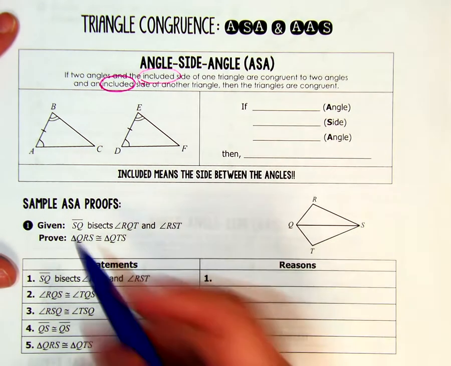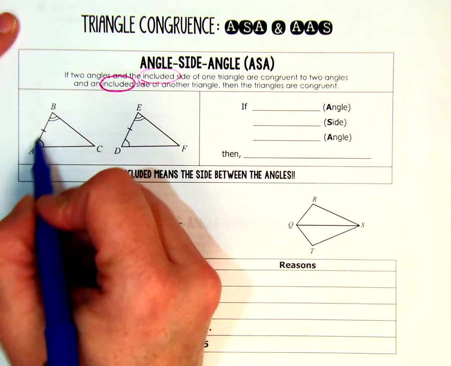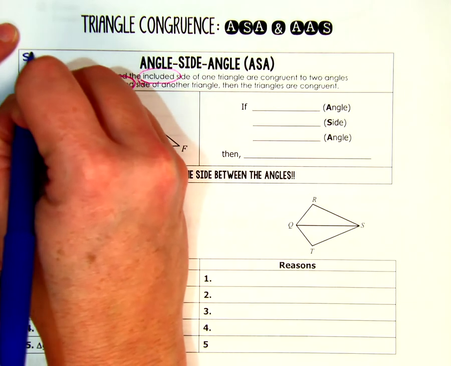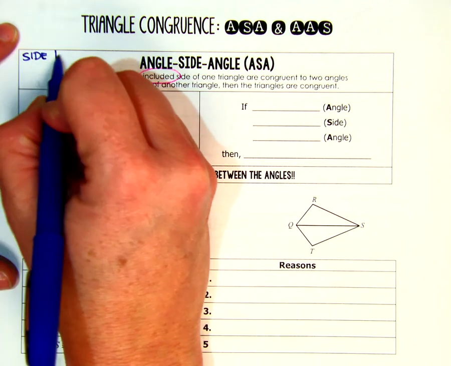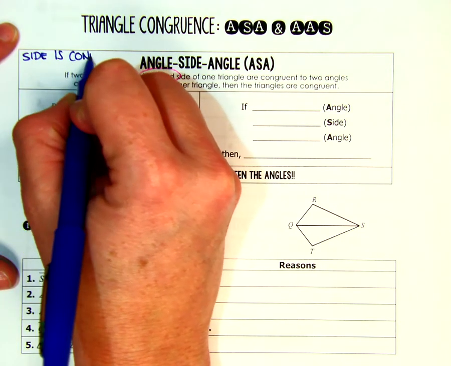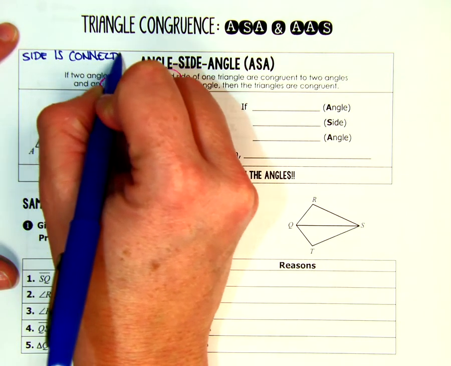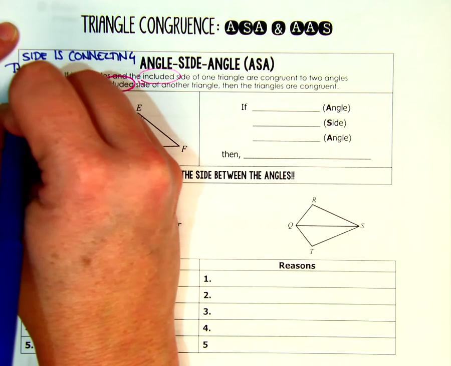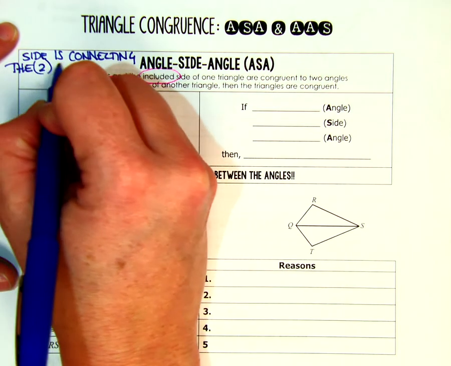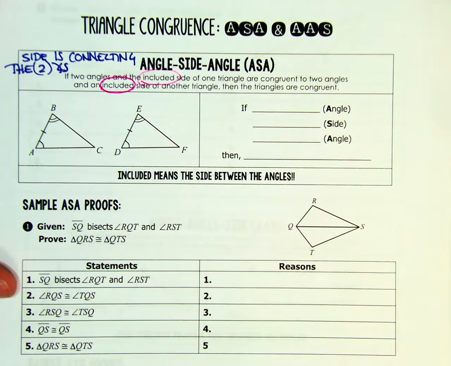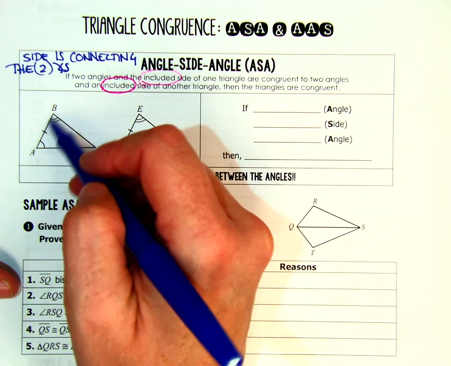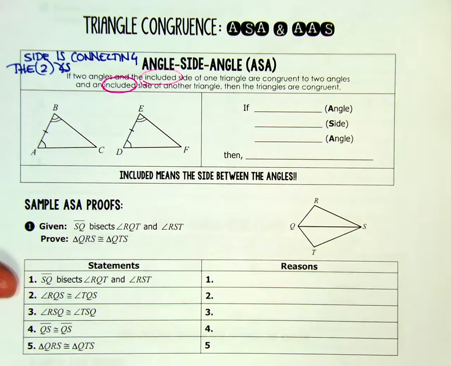So in this situation, the side is connecting the two angles. We're looking for the side that is connecting the two angles that you actually have.